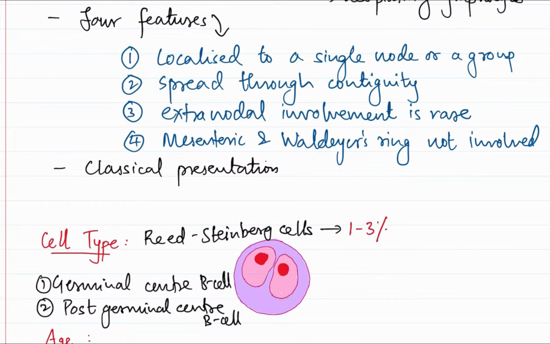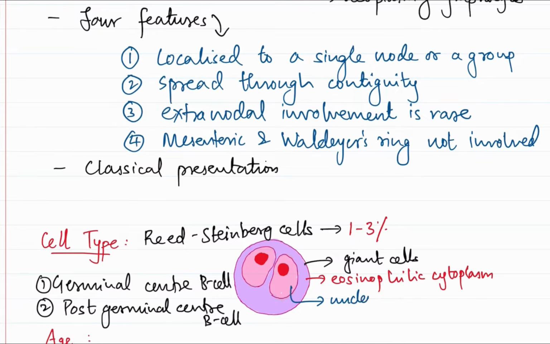They are giant cells. That is the first point. Secondly, the cytoplasm is eosinophilic. About the nucleus, they are binucleated and they have an eosinophilic nucleolus. These are the points that we need to know about Reed-Sternberg cells.